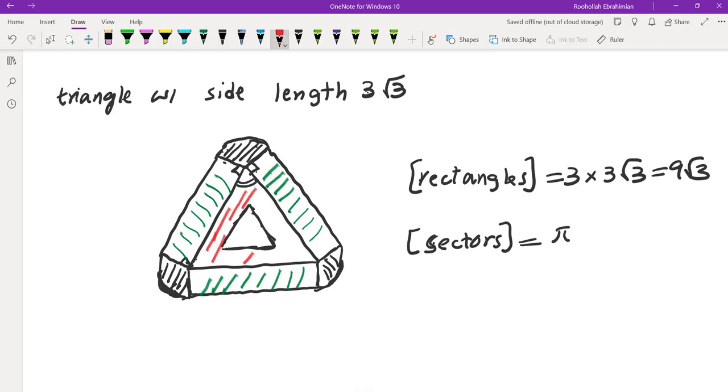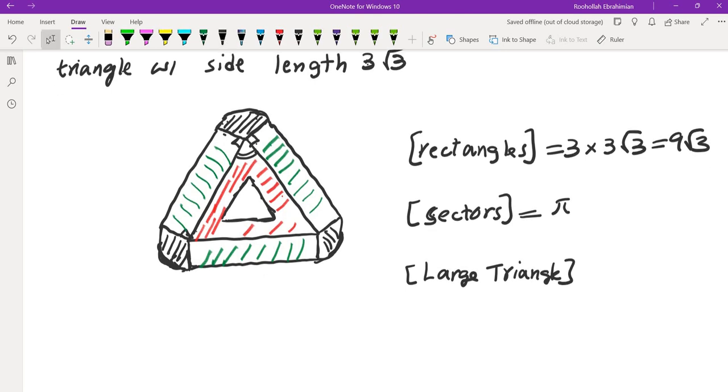Well, this region, we can find the area of the triangles and subtract the two triangles. If you look at the area of the larger triangle, the base is 6 root 3, so half the base is 3 root 3, and if you multiply it by root 3 over 2, you get the height.